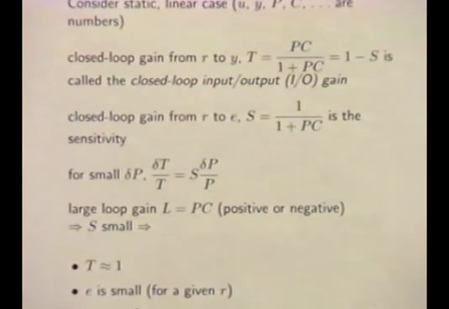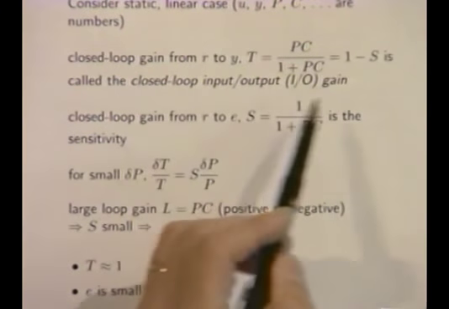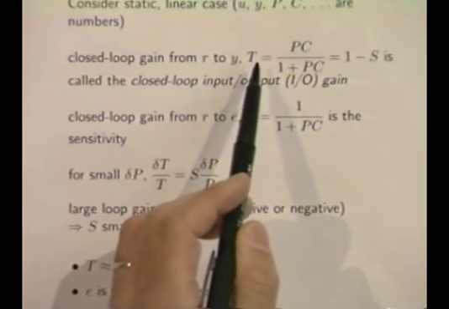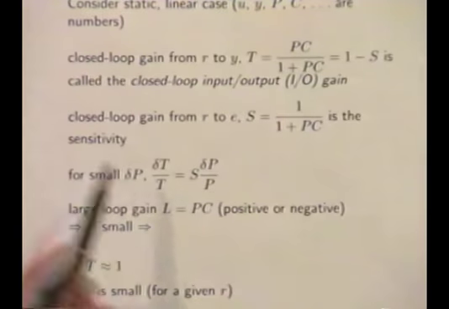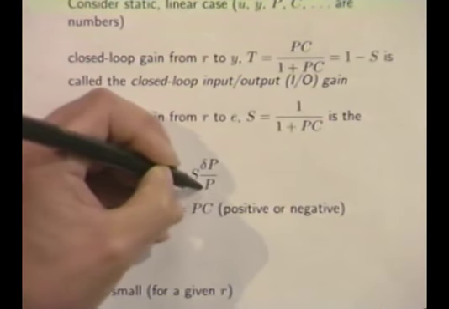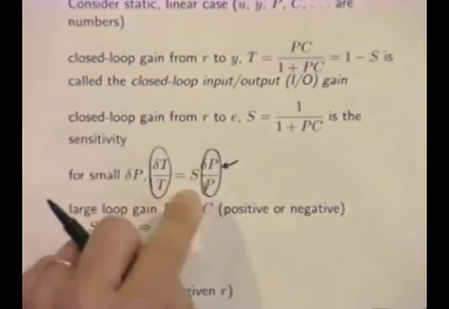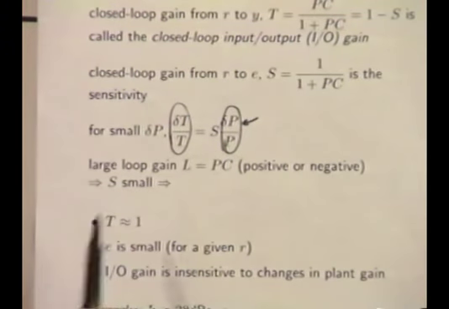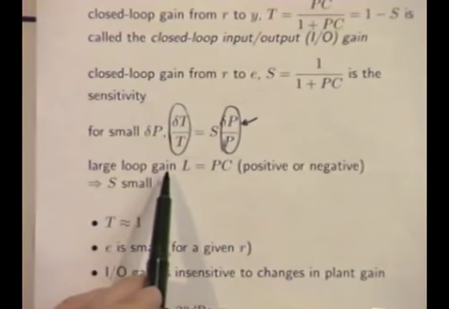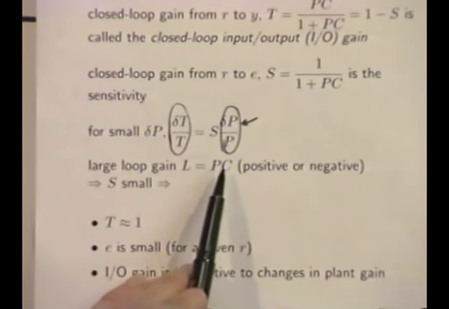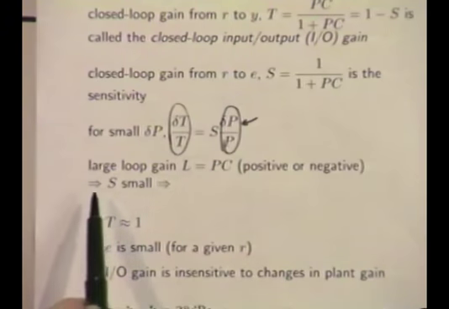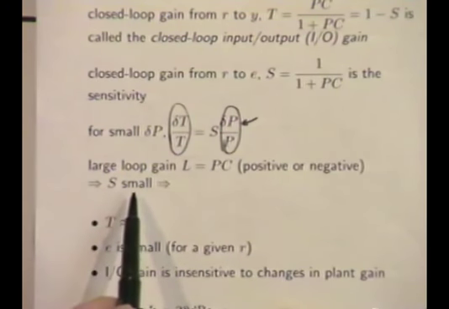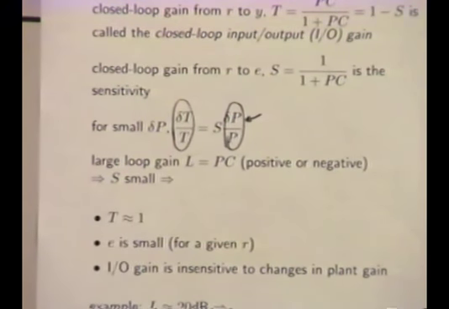For example, if you take T and you work out what the change in T is divided by T, the logarithmic change or fractional change here, and you relate that to the change in plant, you get precisely S again. So it's basically exactly the same. Same story. If you get large loop gain, and it can be positive or negative, doesn't make any difference at all here, then it says that implies S is small, and that implies that T is about 1.